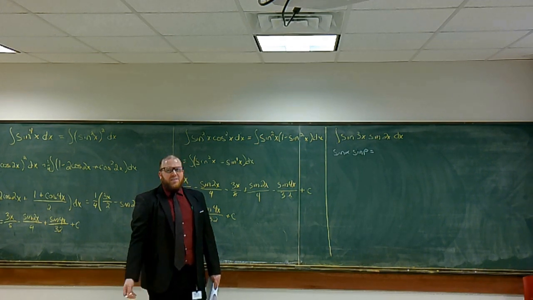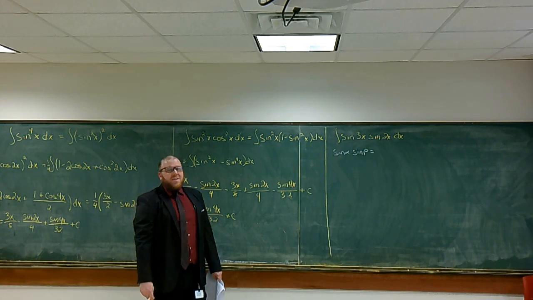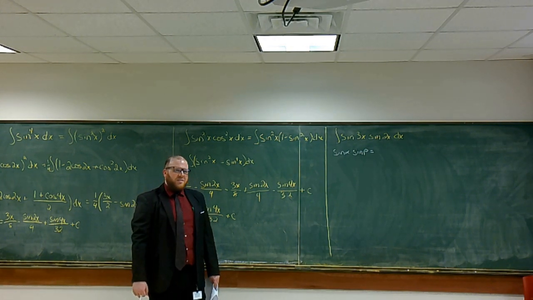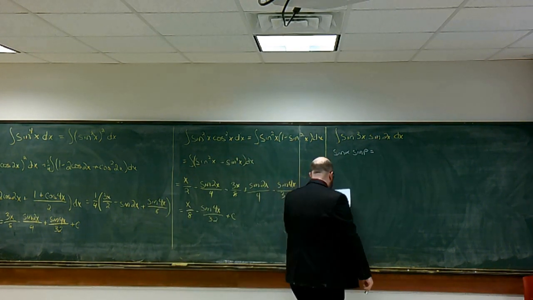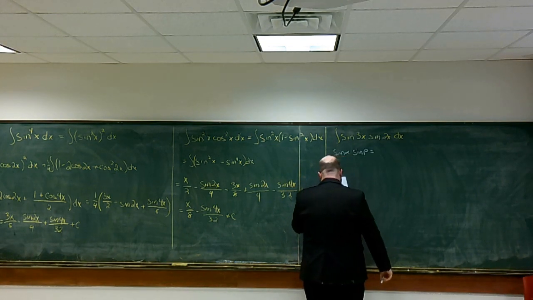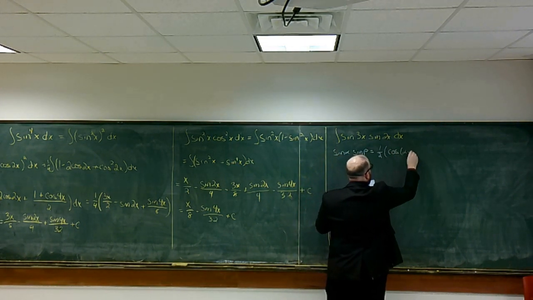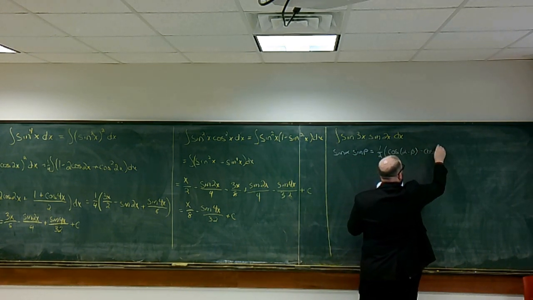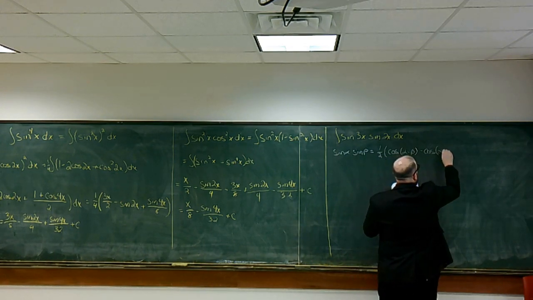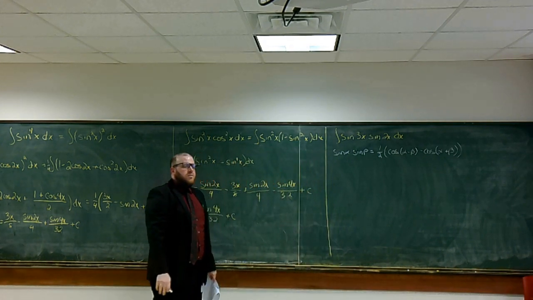This is a product to sum identity, typically one of the very last things you do in pre-calc. There's your identity.